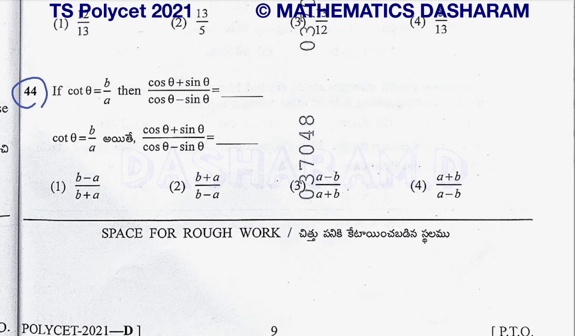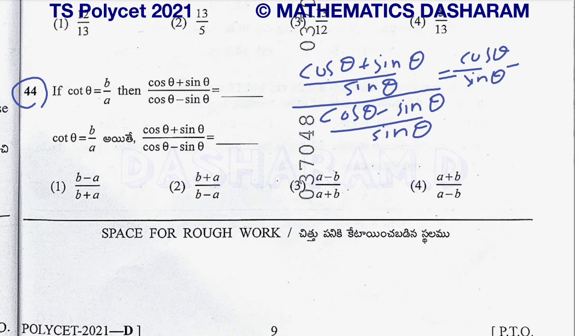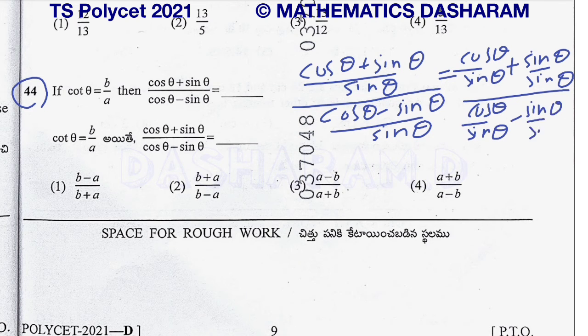So we divide the numerator by sin theta, and divide the denominator also by sin theta. Now it is equal to splitting into two fractions: cos theta by sin theta plus sin theta by sin theta, divided by cos theta by sin theta minus sin theta by sin theta.